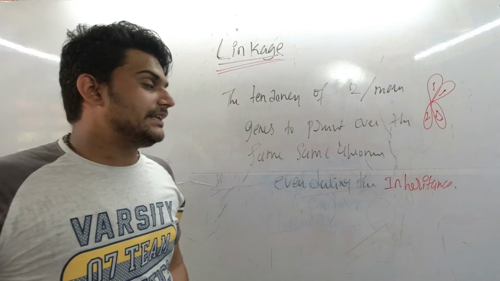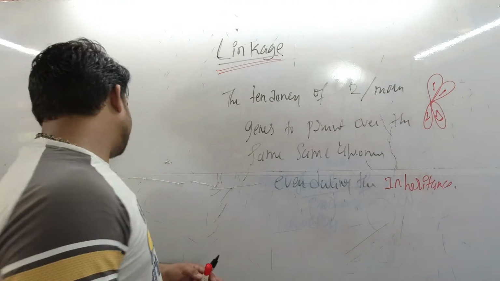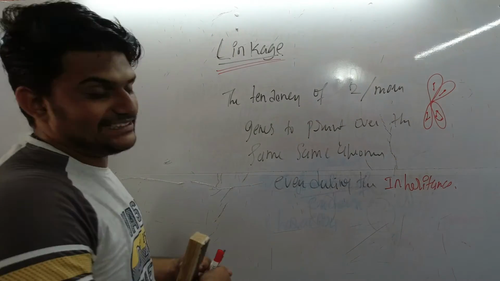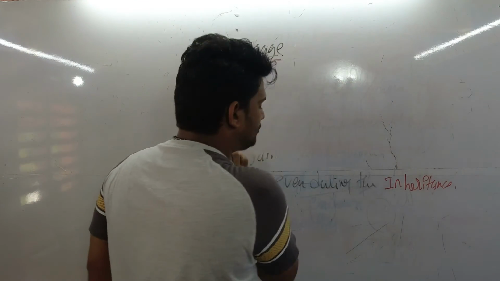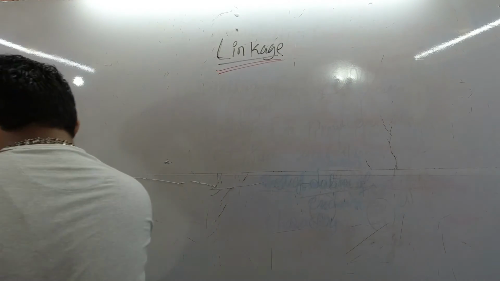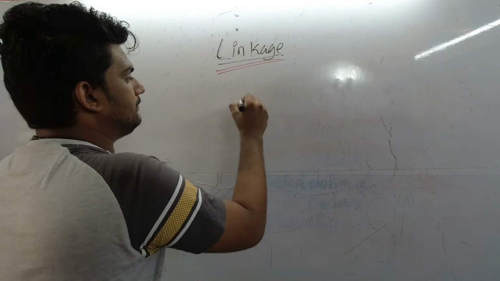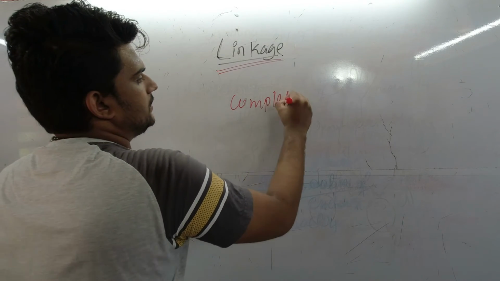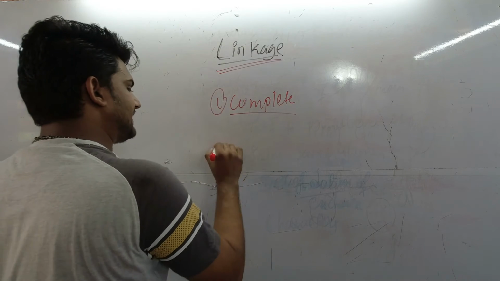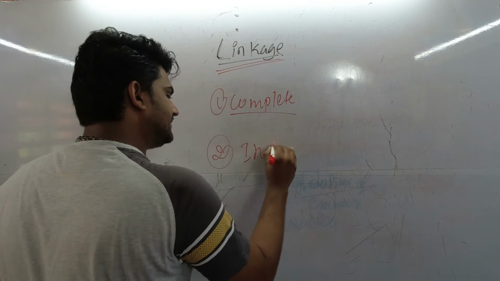Next, what I'm telling you is there are two types of linkages. One is complete linkage, another one is incomplete linkage. Very simple. The first one is complete and the second one is incomplete.